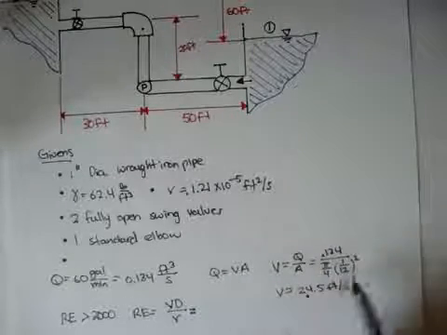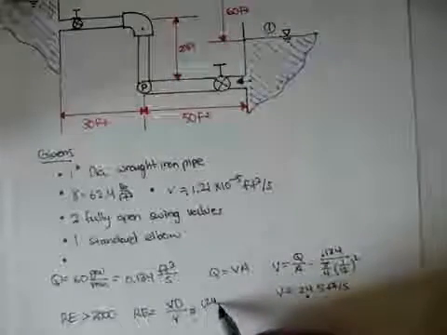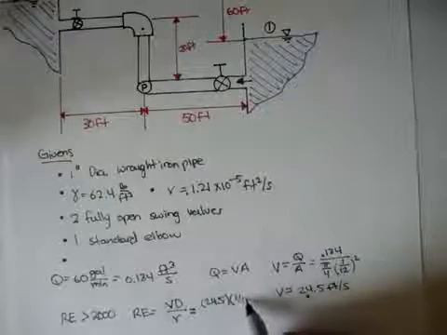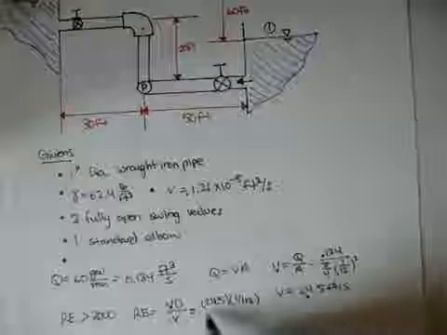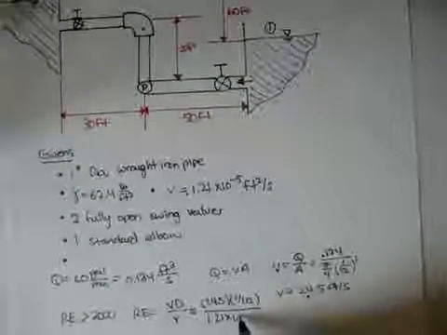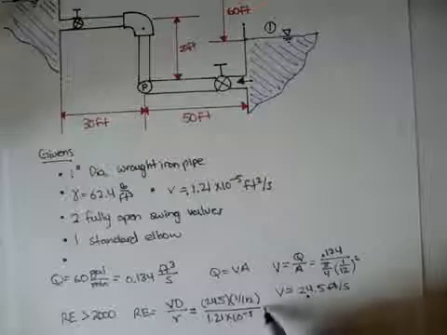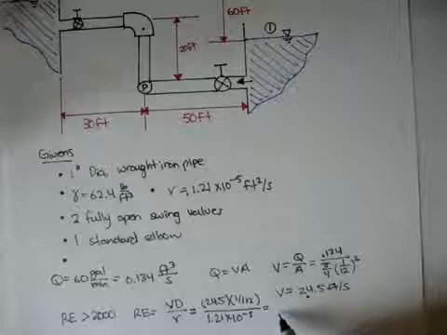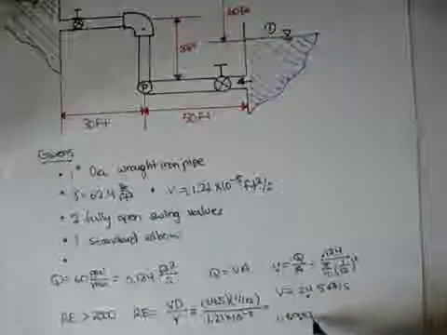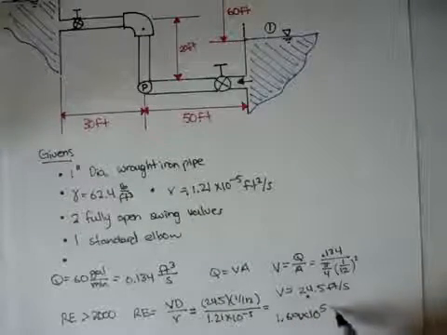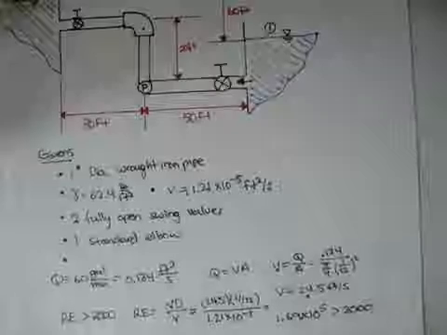And the velocity we found to be 24.5. Diameter is 1 inch, or 1/12 of a foot, divided by 1.21 times 10 to the negative fifth. And if we solve the Reynolds number, we get 1.69 times 10 to the fifth, which obviously is much greater than 2,000.